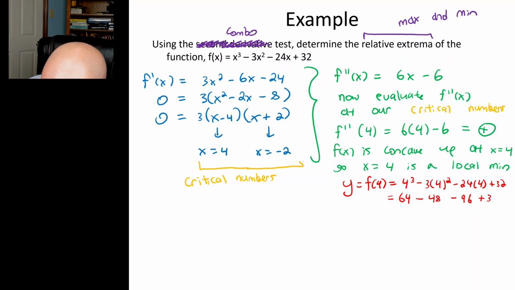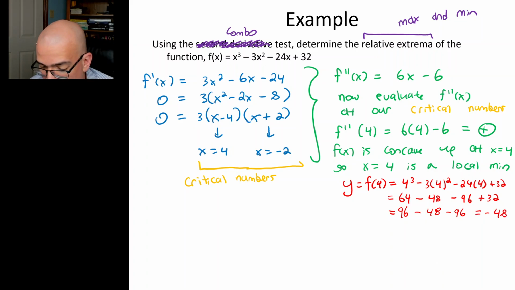Plus 32. What is this? Let's add the first two, or the last numbers. We got a 64 plus a 32, so 96 minus 48 minus 96. So those 96s cancel, so negative 48.